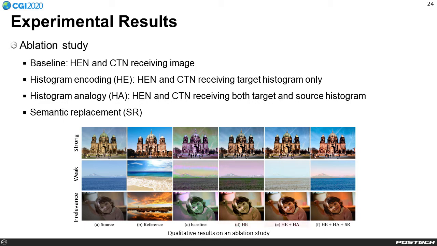The HE plus HA model, on the other hand, produces well-transferred results in strong relevance and irrelevance cases. However, it shows an unsatisfactory result in the weak relevance case. It shows that our histogram analogy and semantic replacement effectively train the framework of our histogram-driven image color transfer.